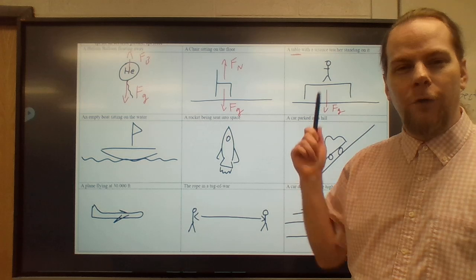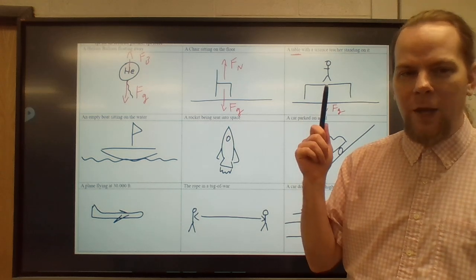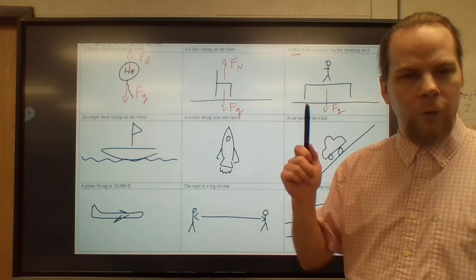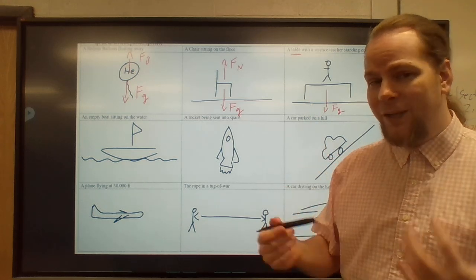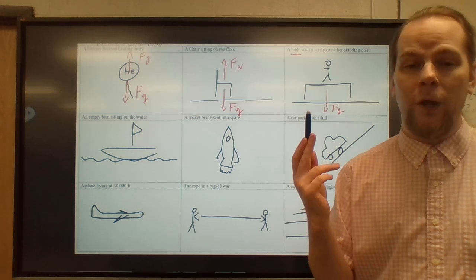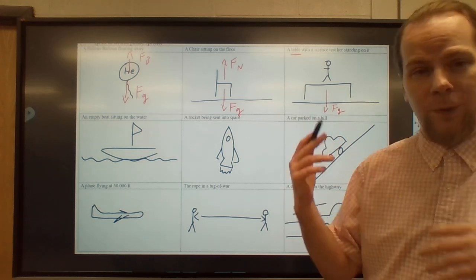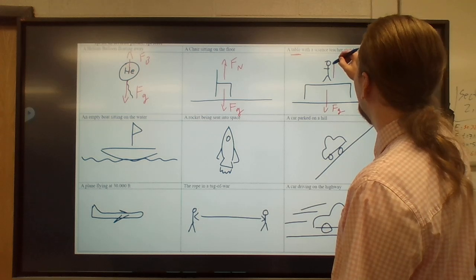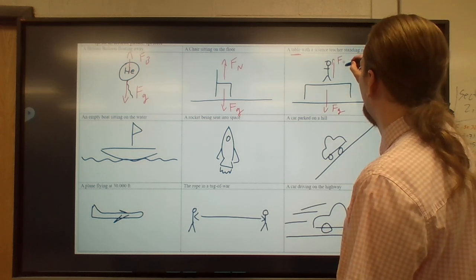Friction. There's no indication that the science teacher is moving around at all or trying to move the table. So we wouldn't say friction, but there is definitely a normal force because the table is sitting on the floor. It looks like it's hovering in the picture, but it would clearly actually be sitting on the floor. So we have a normal force up on the table.